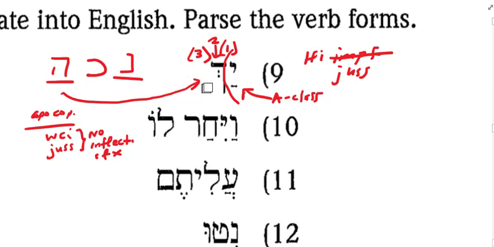It's going to come. For example, if I wanted to make this, okay, by the way, it's just a prefix hey, so it's 3ms, right? If I wanted to make this 3mp, how would it look different? Hifil jussive 3mp. Instead of yak, it would be yaku, right? And guess what? Doubling dot's going to come back.